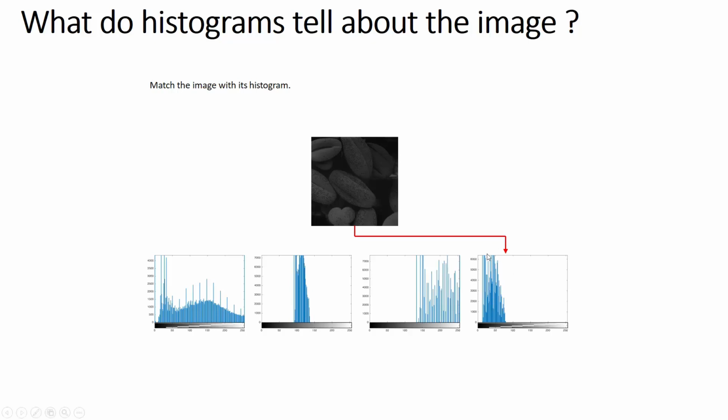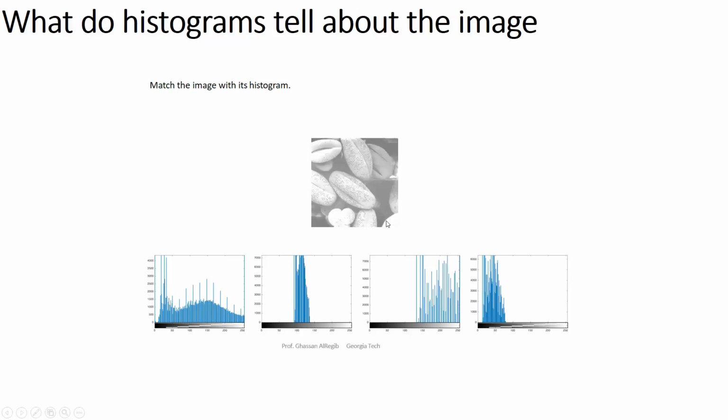So all the intensity values are clustered towards the low gray levels. Second, the histogram of a bright image will be clustered towards the higher gray levels. So this one is a bright image, and as you can see, all the intensities are clustered towards the higher gray levels.